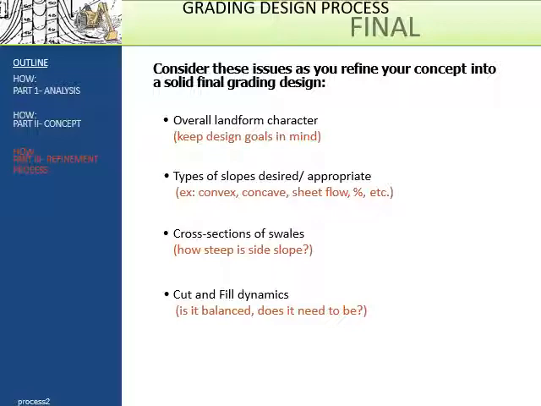This is something you really need to check at this point. It's easy to forget to check how steep are the side slopes of the swales. And of course the cut and fill dynamics that we haven't talked about yet. But the idea is, are we bringing a lot of fill into the site, or are we creating a lot of extra fill that we're going to have to carry off? We'll be talking about that in later lectures.